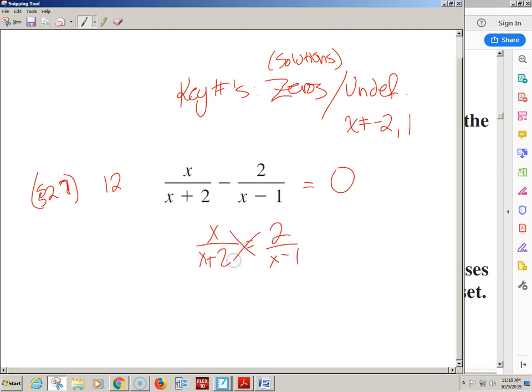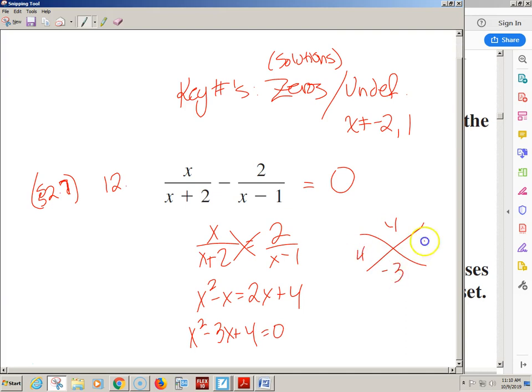Then I would have cross multiplied to get x squared minus x equals 2x plus 4. Move it all to one side. So 4 and 1. So oh, plus 1. Sorry.